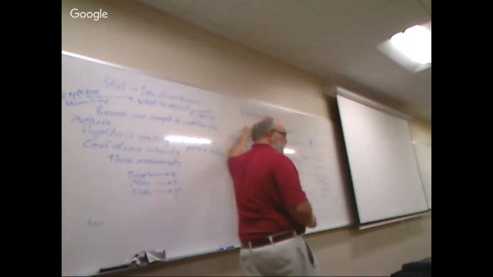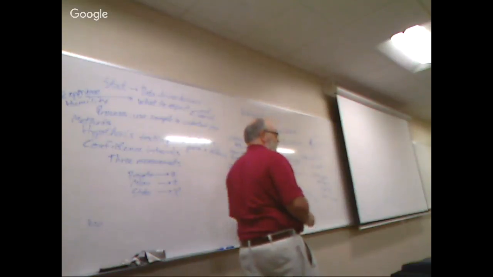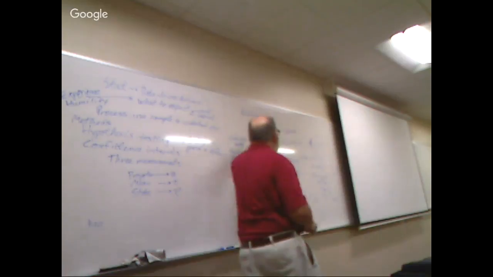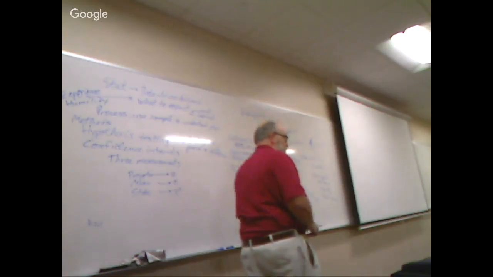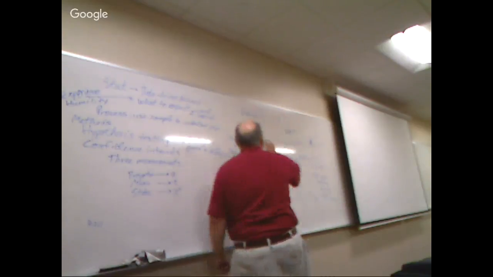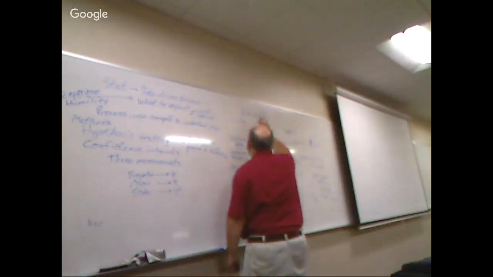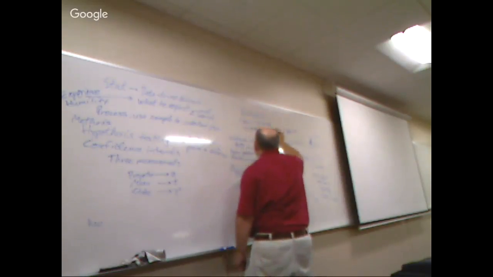Jackie, what's the next thing? Okay, Natasha, what's the next thing we say after we say do not reject the null hypothesis? There is not enough evidence to prove H1.